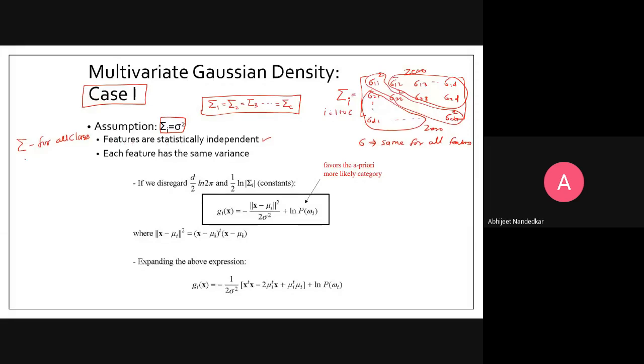That means off diagonal elements are equal to 0. And each feature has the same variance. That means sigma i square is the same for all. So these are 3 assumptions that we make in case number 1.